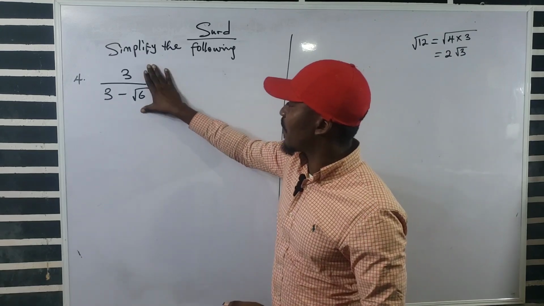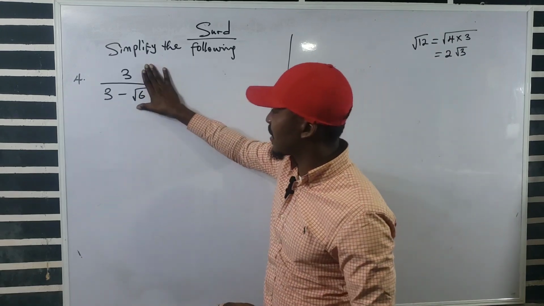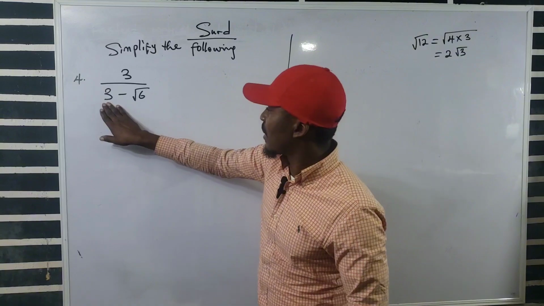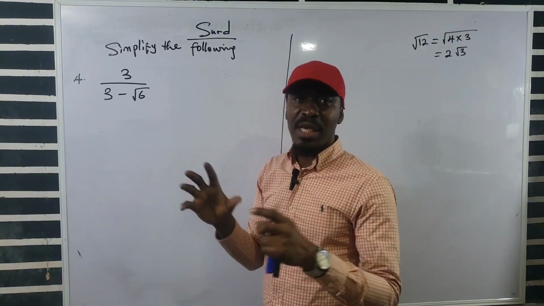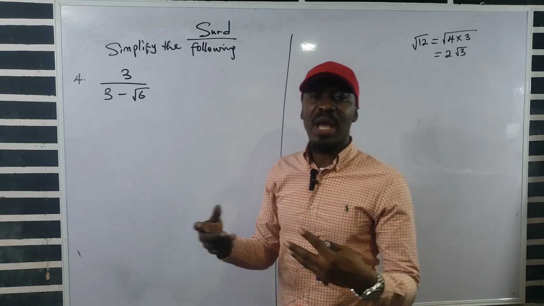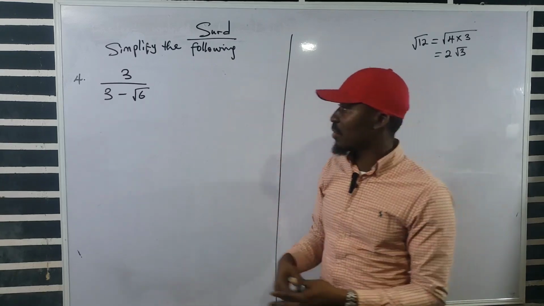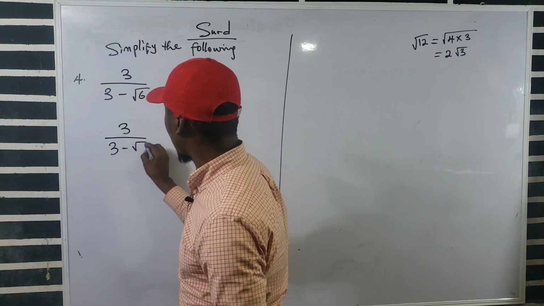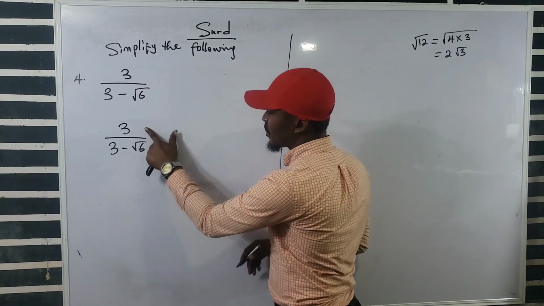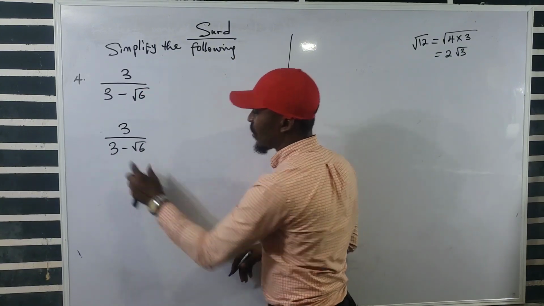So when you're asked to simplify this or to rationalize this, what are you going to do this time around? What we have at the denominator is not just one surd. Okay, it's now two numbers together, for which we are going to make use of the conjugate. Okay, so here we are going to have 3 over 3 minus surd 6. So we multiply the numerator and the denominator by the conjugate of the denominator.